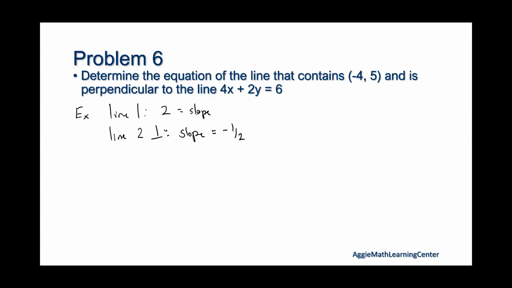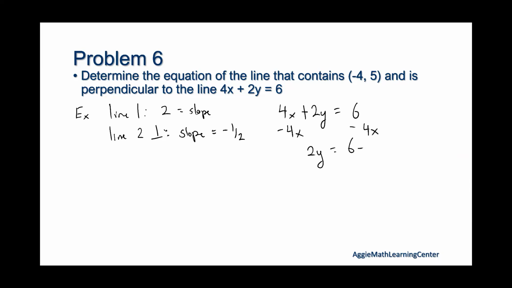So we want a line that's perpendicular to the line they've given us, and we know that if it's perpendicular, the slope is the negative reciprocal of the other line. So let's go ahead and find the slope of this first line, and then I'll let you do the rest. So let's get this into slope-intercept form.